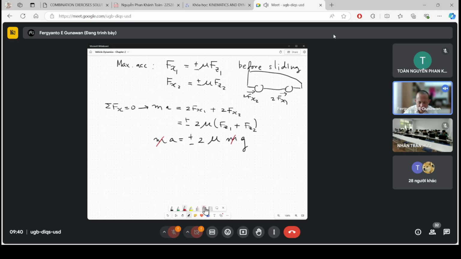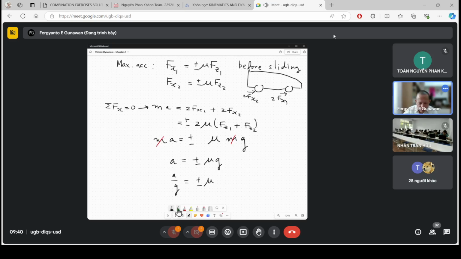Okay, so I'm going to eliminate this one, because two of this will be m and g. And finally we have a equal plus minus mu and g, or a divided by g equal plus minus mu.